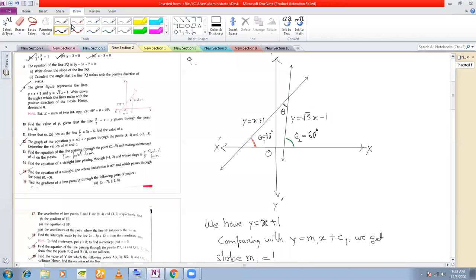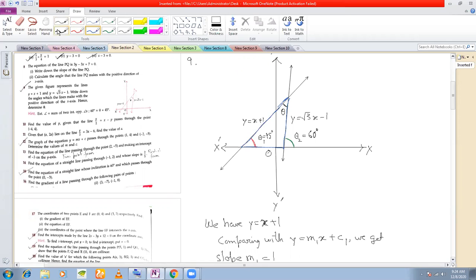If you see, consider this triangle. And what do you see? Theta 2 is the exterior angle of this triangle. And you know that the exterior angle is equal to the sum of two interior opposite angles of a triangle. So theta 2 must be equal to theta plus theta 1.